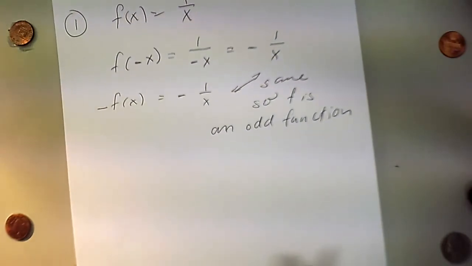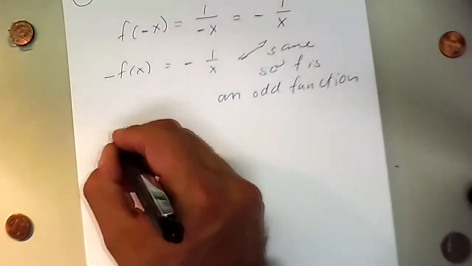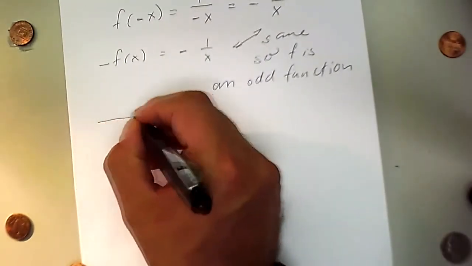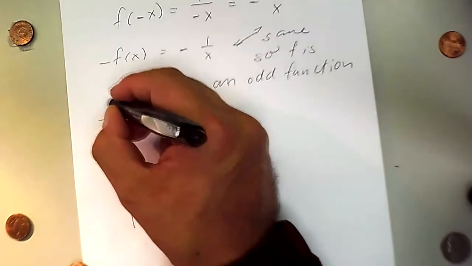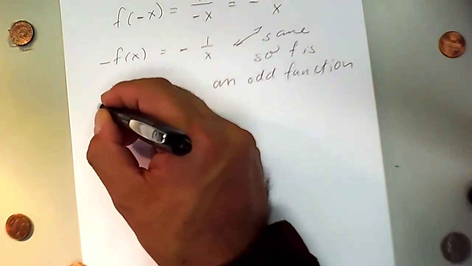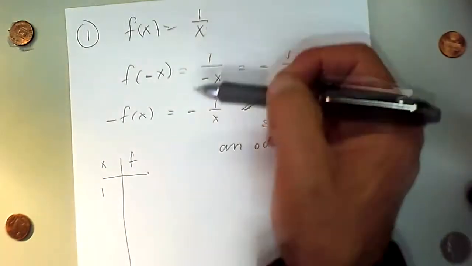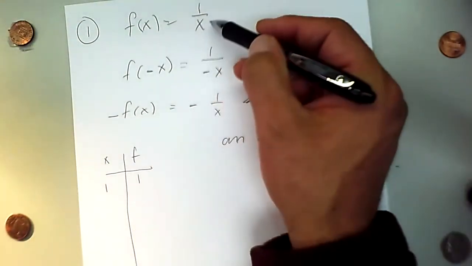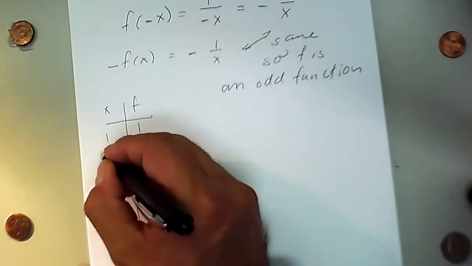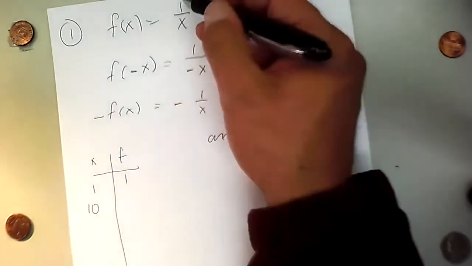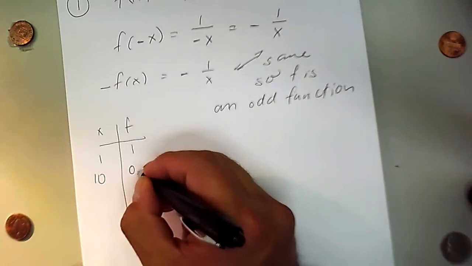We also want to look at some inputs and outputs. Let's start with an easy input, the input of 1. So 1 over 1 is 1. If we put 10, then 1 over 10 is 0.1.